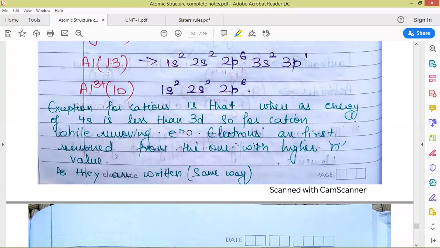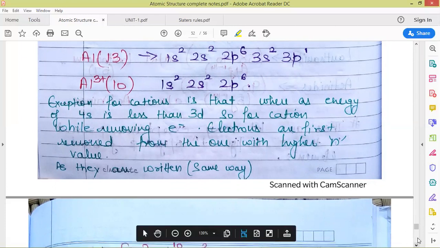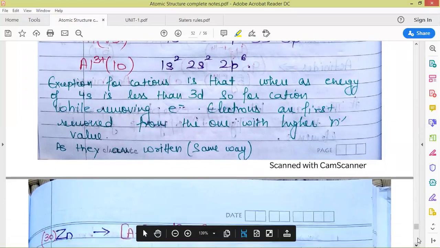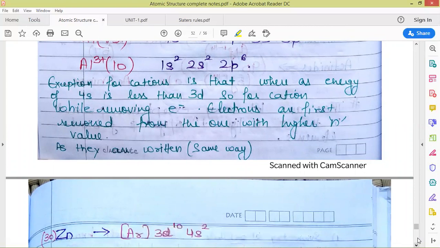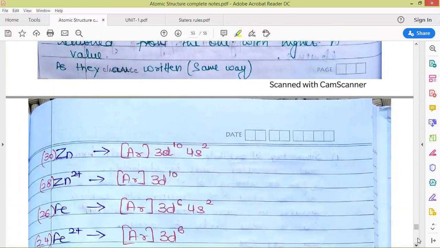What is actually considered is that whenever the energies are comparable, and we know that energies for 4s and 3d are comparable, the electron will be removed first from the higher n valued subshell, that is electrons will be removed first from the 4s. So the 4s orbital is filled first and is also emptied first during the formation of cations.